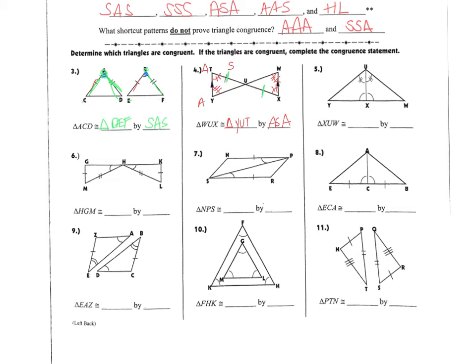You also could have looked at these two angles in here being congruent because of vertical angles. And if you did that, yes, those two triangles are congruent, but your reason would then be angle, angle, side.